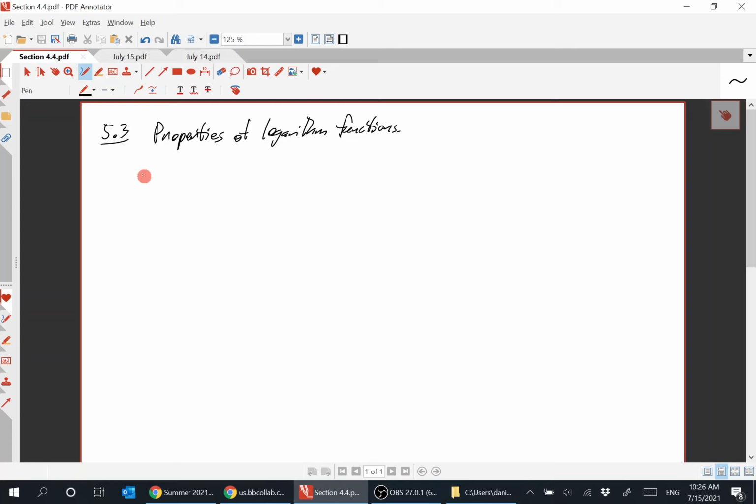So the following three properties work for logarithms of any base.